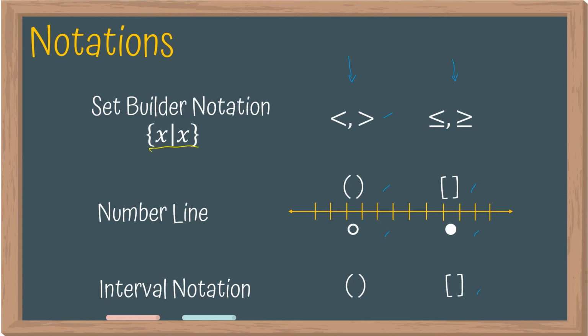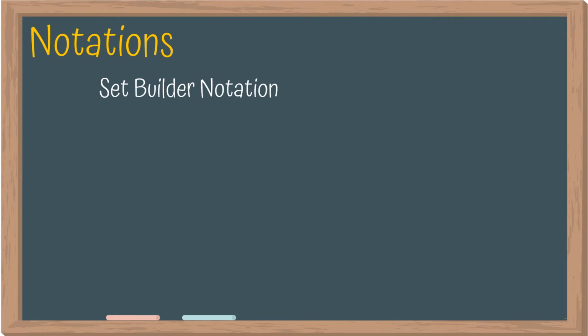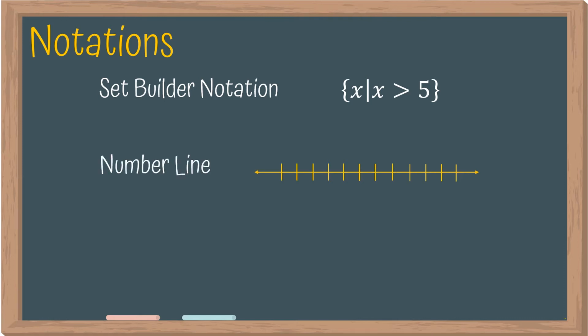So, para mas maintindihan natin, bigay ulit tayo ng specific example for this. So, let us have an example. So, let's say we were given an expression in set builder notation such as this one. So, this is read as x such that x is greater than 5. Okay. So, how are we going to show that using a number line?